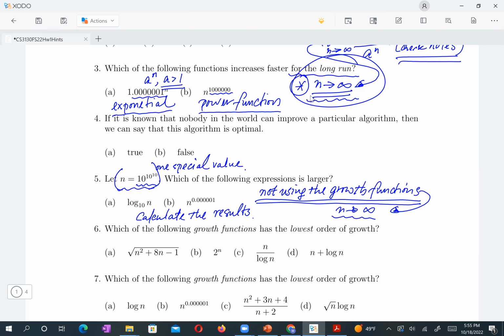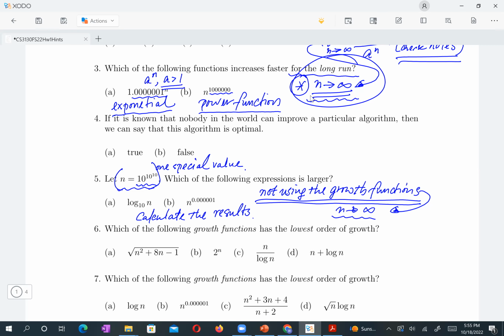So you need to plug in and simplify your expression. So you get two numbers. For A, after simplification, you get one answer. For B, after simplification, you get another answer. Then you compare which one is larger, which one is smaller.